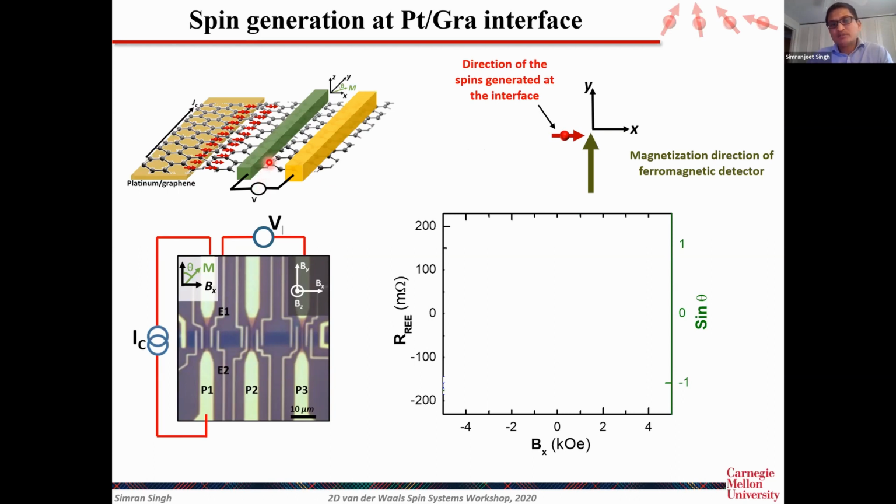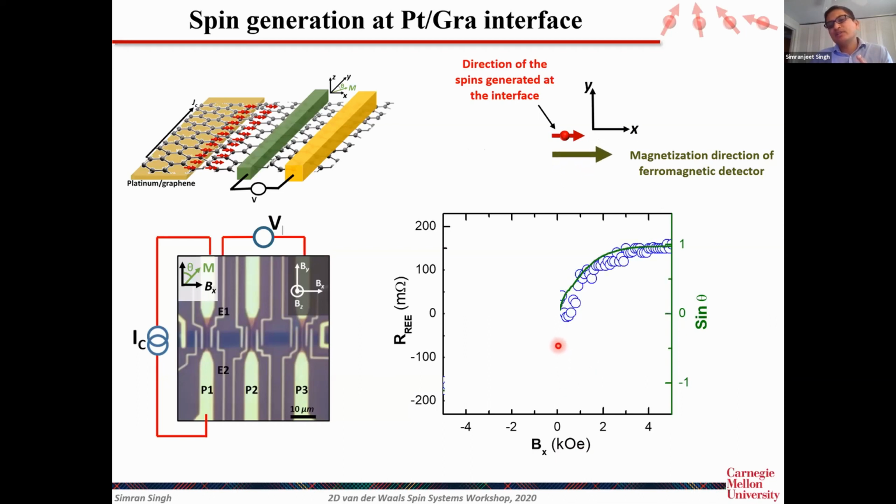Now, initially, because of the shape anisotropy of this ferromagnetic electrode, the magnetization is pointing along the y direction, which is transverse to the direction of the spins being generated at this platinum graphene interface. What we can do is change the magnetization direction of this ferromagnetic detector by applying an external magnetic field. So I want to change the magnetic field, change the magnetization, and then look at this non-local signal.